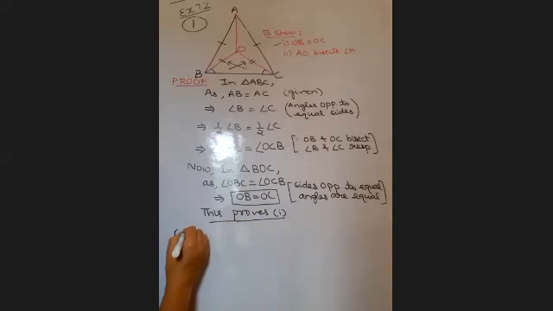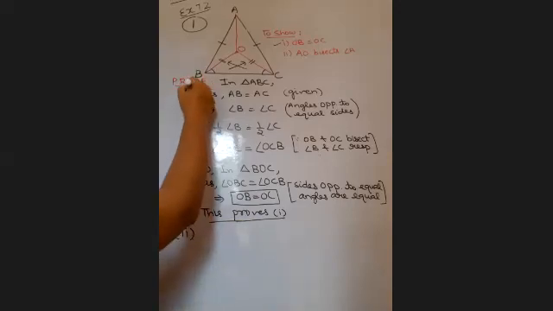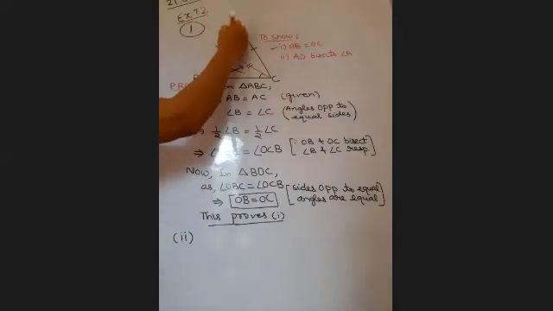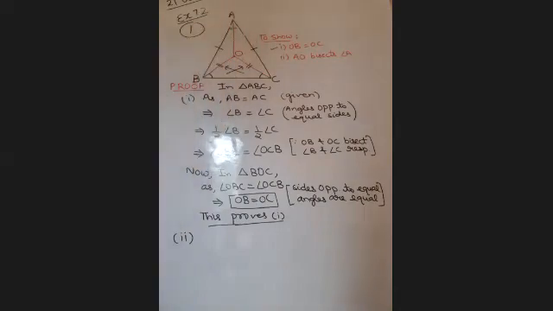Now let us focus on part 2. Children, in part 2, please see. We have to show AO bisects angle A. Which two triangles should I consider now?